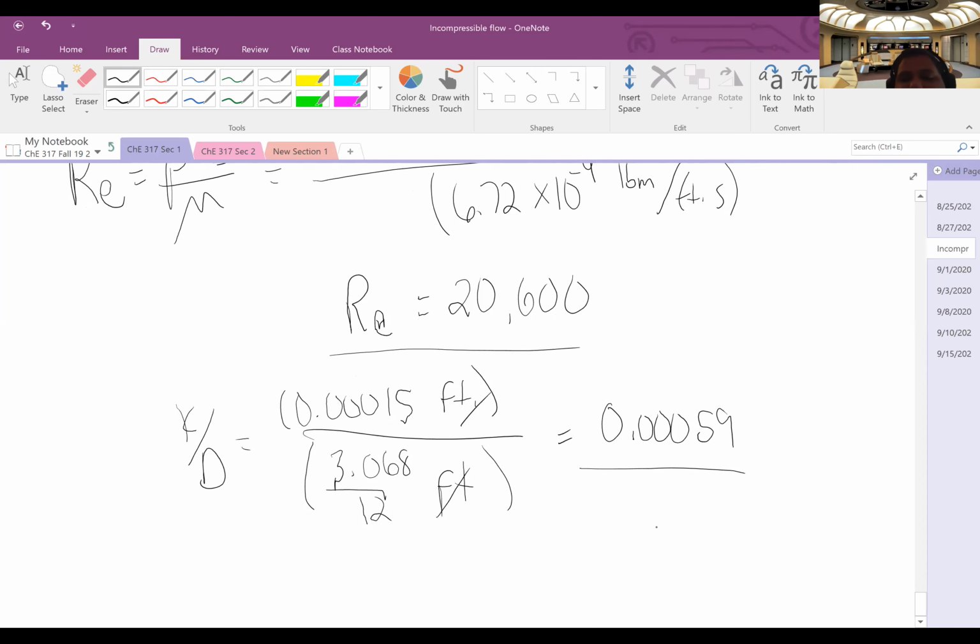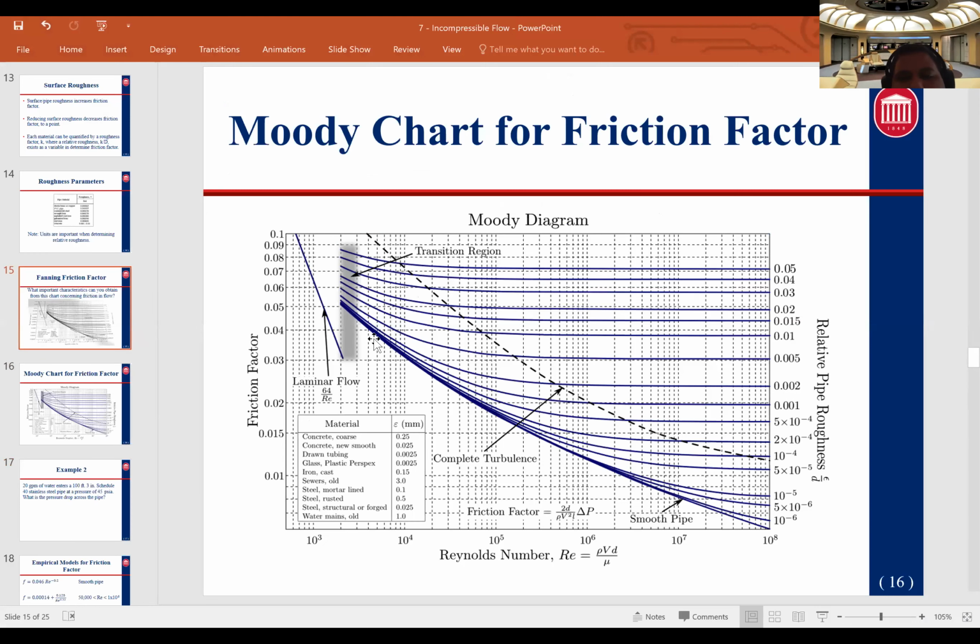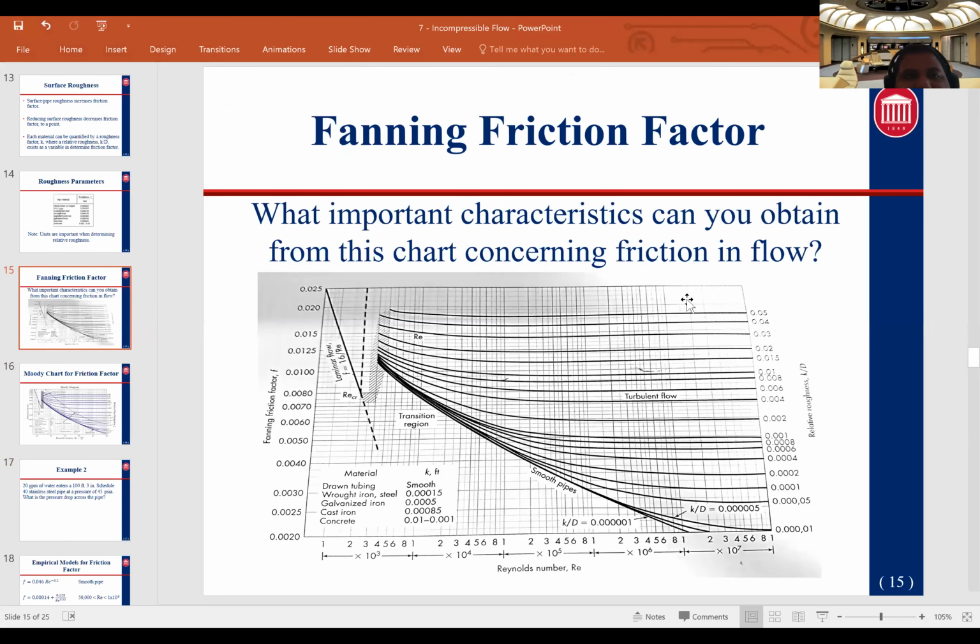For our roughness factor, then what we need to do to get our friction factor is go to our chart and look at the intersection of essentially 20,600 and 0.0006. So I see 20,000 around here, if you guys can see my cursor.